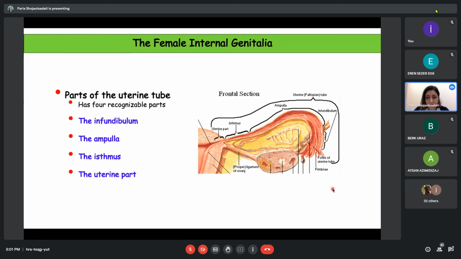The ampulla part is a very important part of the tube because it is the site where the zygote is made. Generally, the ovum comes inside the tube and waits there for the sperm.